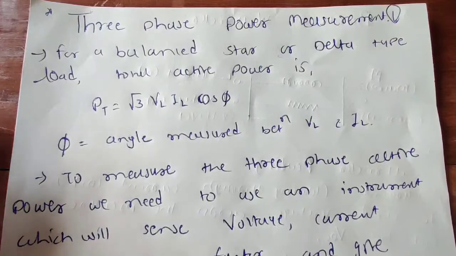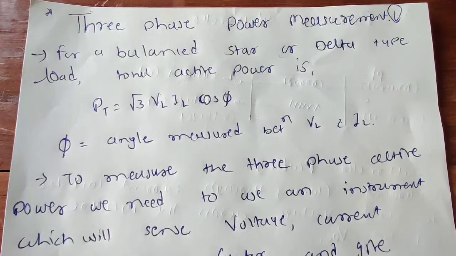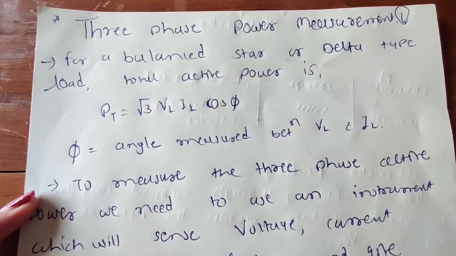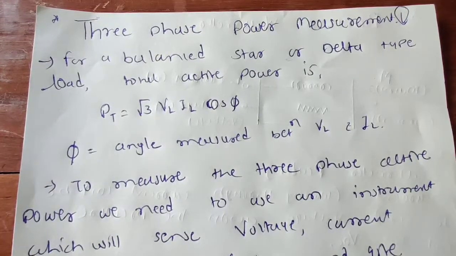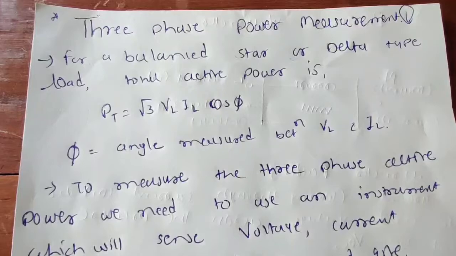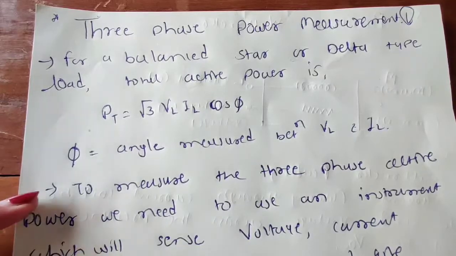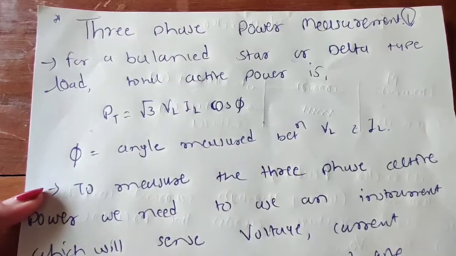Today we start with the power measurement that is carried out in a three-phase supply. We have proved that for a balanced star or delta type load, the total active power PT equals root 3 VL IL cos phi, which we derived previously, where phi is the angle measured between the line voltage VL and the line current IL.